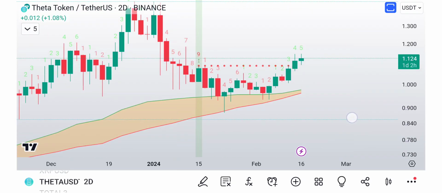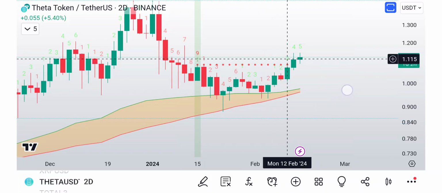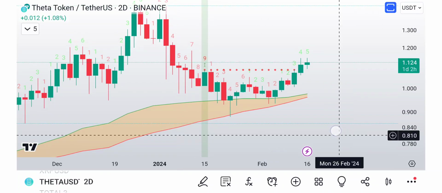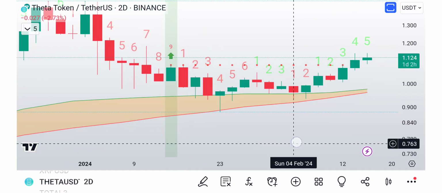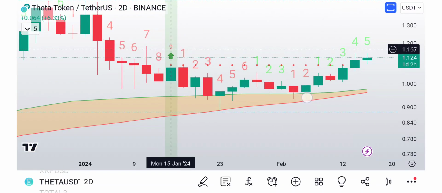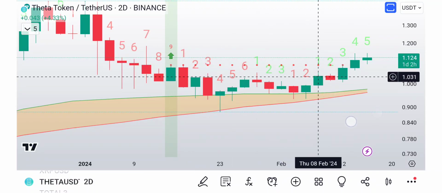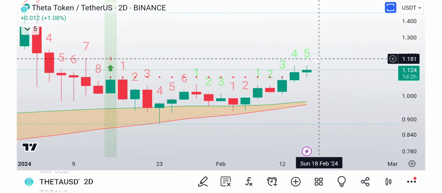So you could see the price is breaking above the red dots, which means what? Which means it's potentially activating the buy signal, right? So you have the buy, but the buy isn't there until you break above the dots. So look, we're breaking above the red dots.